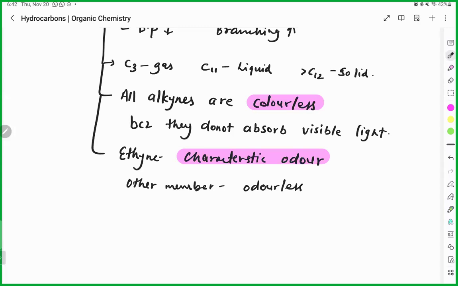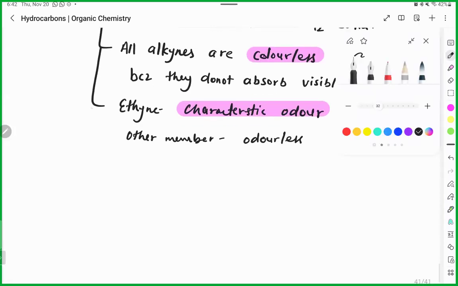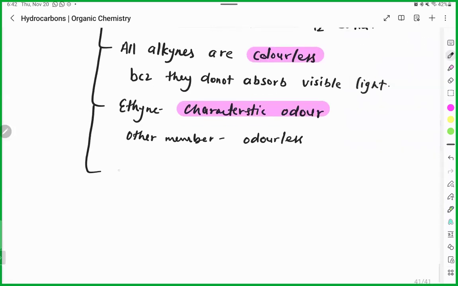Okay? You made a mistake. And last, when it comes to solubility, Chandana, are they really soluble in water? No, sir.